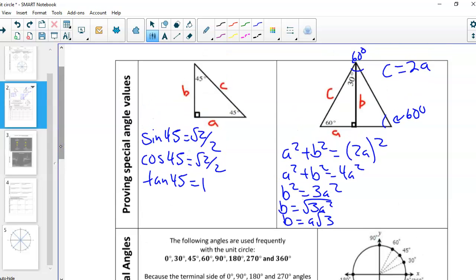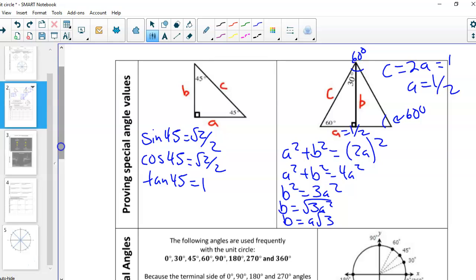Now, if we go back to thinking that this is some triangle on our unit circle, so our unit circle has a radius of 1, I can say that C is really equal to 1. So now I can solve for A. So A is now 1/2.